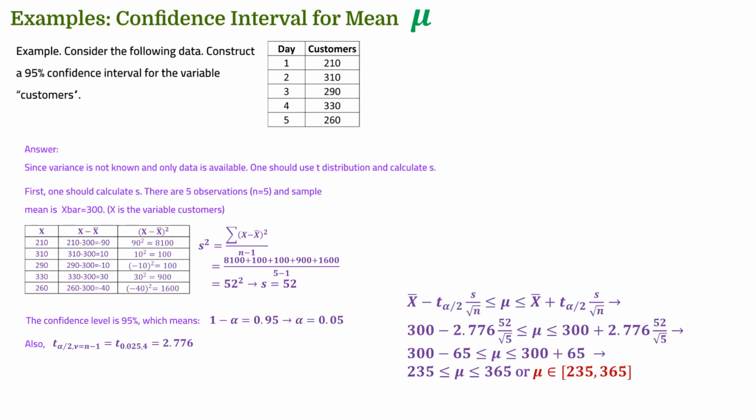If you substitute all these in the two-tail confidence interval, you will get mu belongs to the lower bound 235 and upper bound 365. And we have x bar, it is 300. We have t alpha divided by 2, which is 2.776. We calculate s is 52 and n is 5. So if you substitute all these values, I showed all the steps in the calculation here, you can repeat and see for yourself.